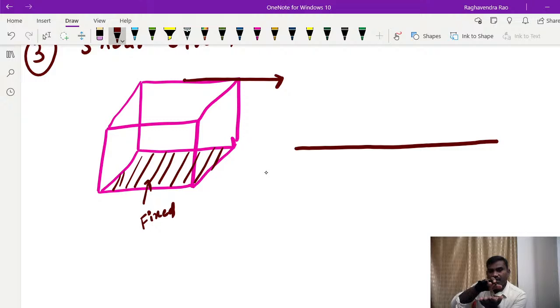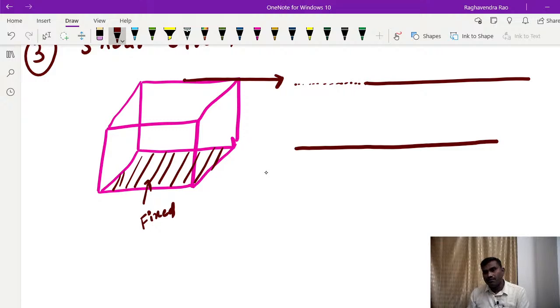But as we are applying force on the upper surface, it will be displaced from its original position to some other position. This end of the surface was exactly at this position, but because of this tangential or shear stress, it is displaced from this position to this position. This is called the relative separation between the two layers or two faces.